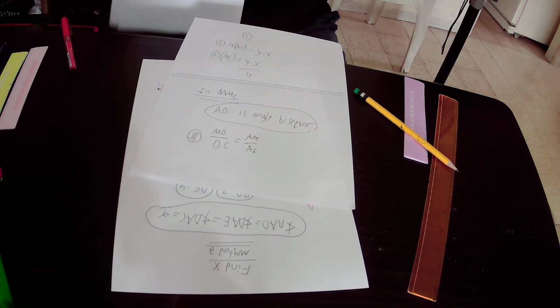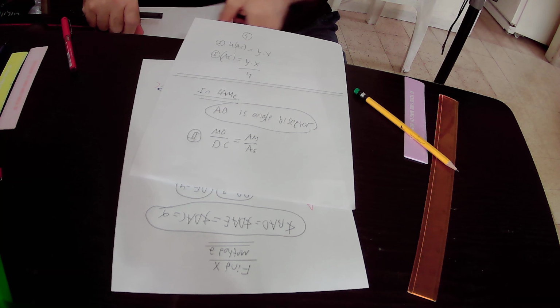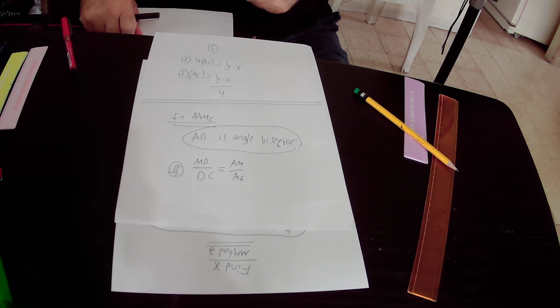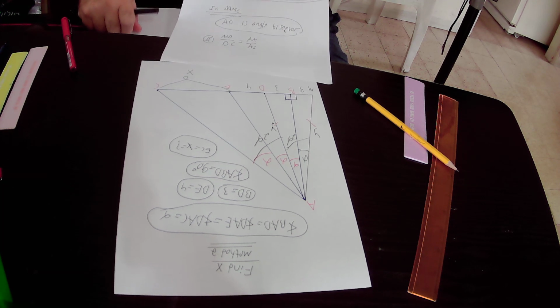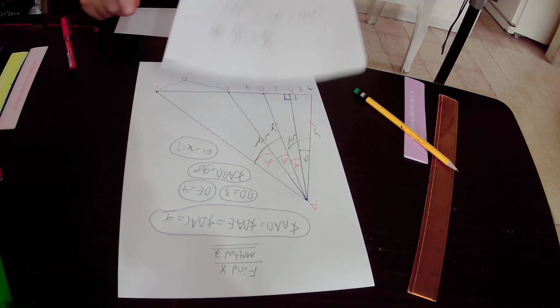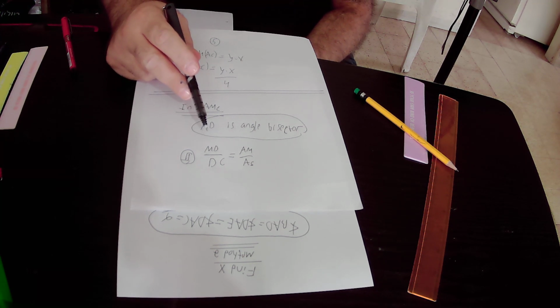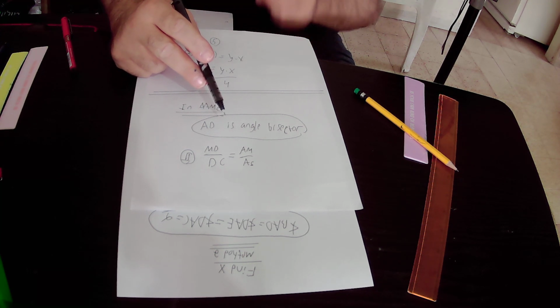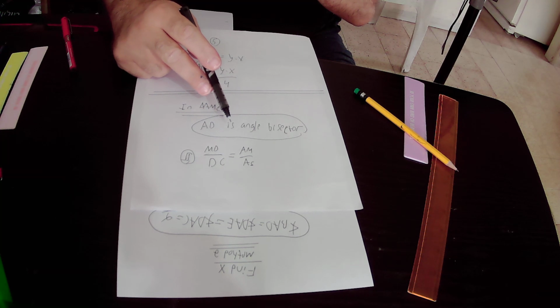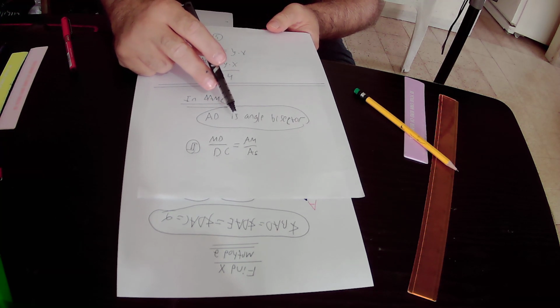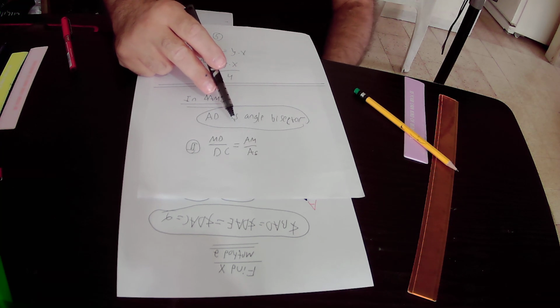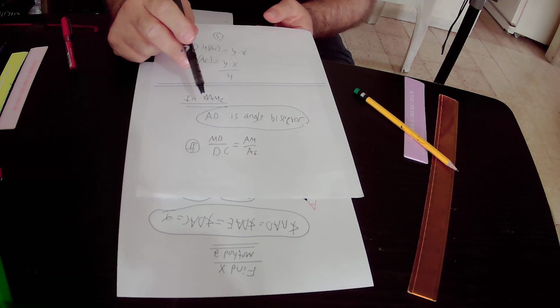Again, angle bisector AD in the big triangle AMC divides side MC in a ratio of MD over DC, and that ratio equals the ratio between the angle legs, AM over AC.